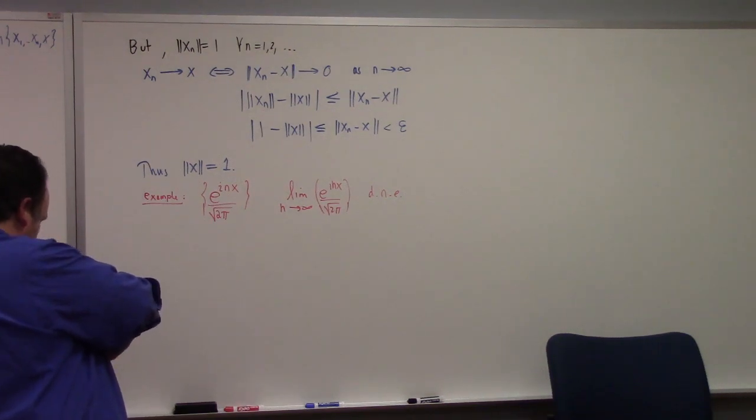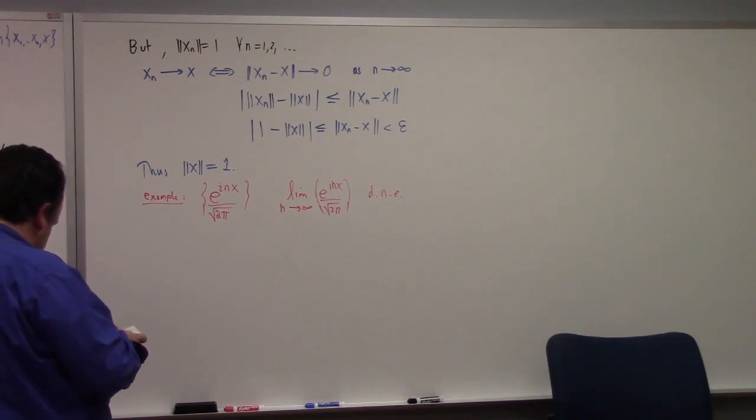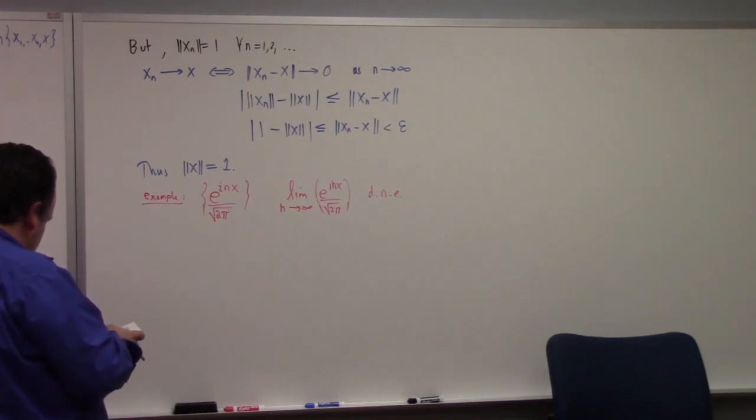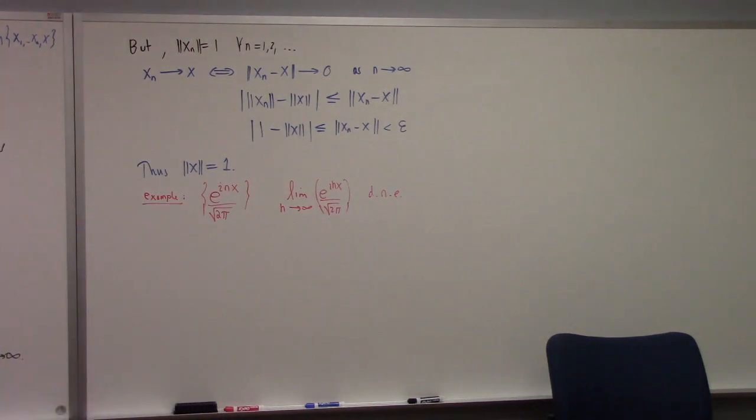Let's see here. So he says inequality 3.26. Wait a minute. This is not 3, this is 3.26. My bad.